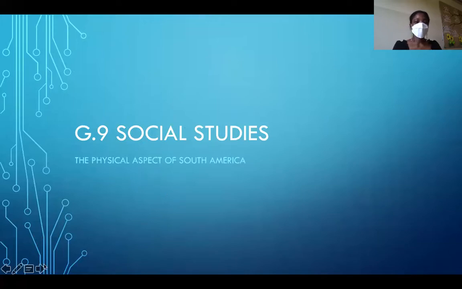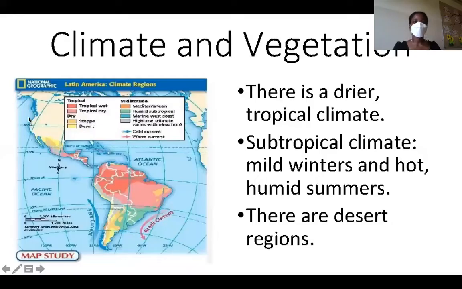All right, so we're going to learn about the climate and the vegetation of South America. There is a drier climate, a tropical climate, a subtropical climate, and the mild winter and hot humid summer. There is also a desert region. Wow.